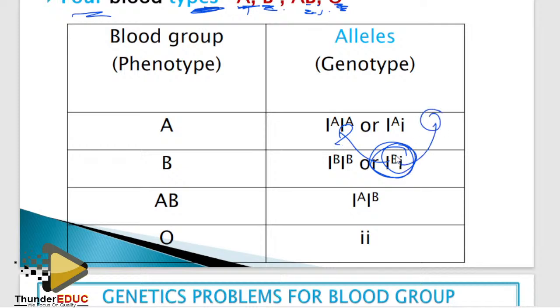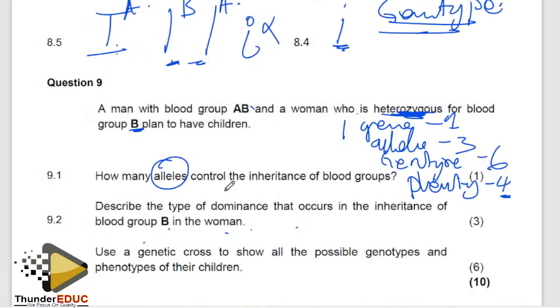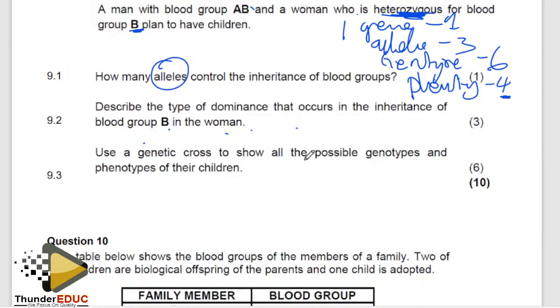It can come from either parent, because they are not specific in that regard. Use the genetic cross to show the possible genotypes and phenotypes of their children.